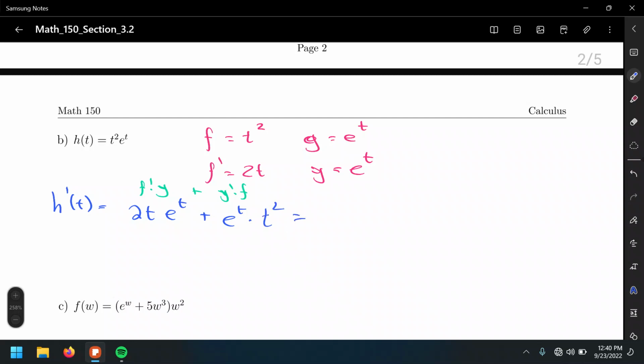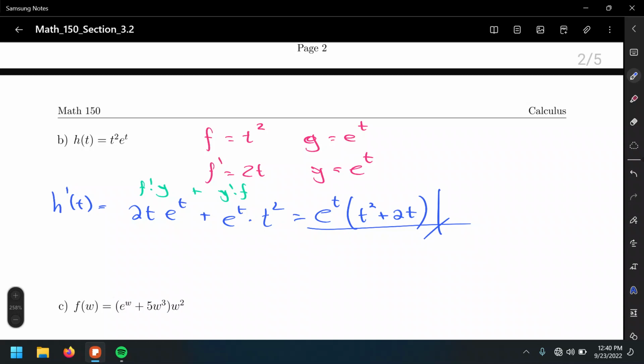Let's simplify this by just factoring out the e to the t. E to the t times, how about t squared plus 2t. And there's really nothing else to do because these are two unlike terms and we're good to go with this one, right?